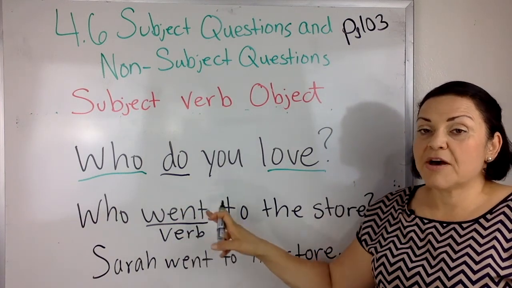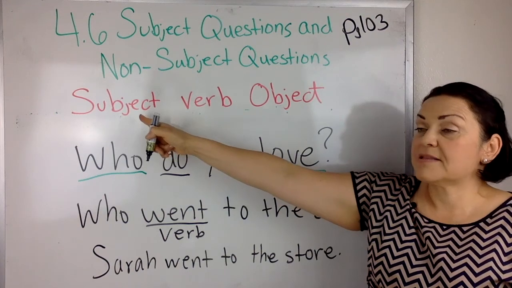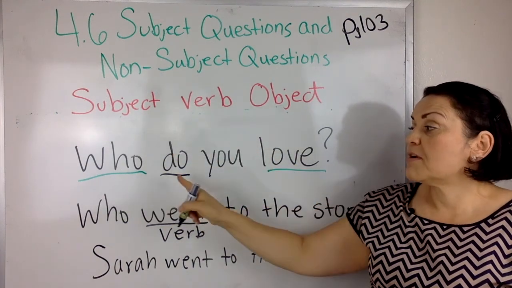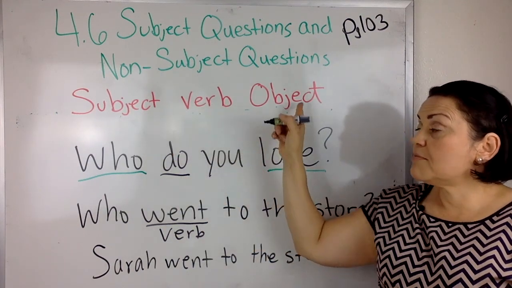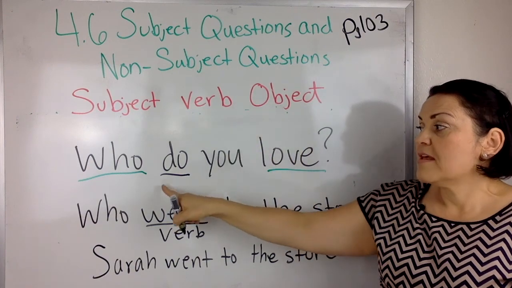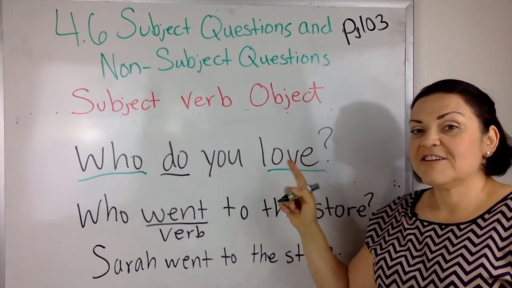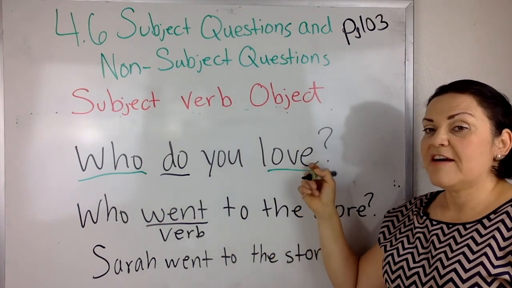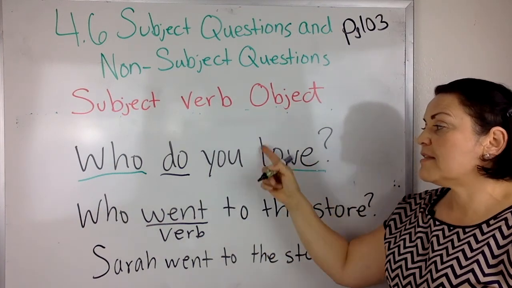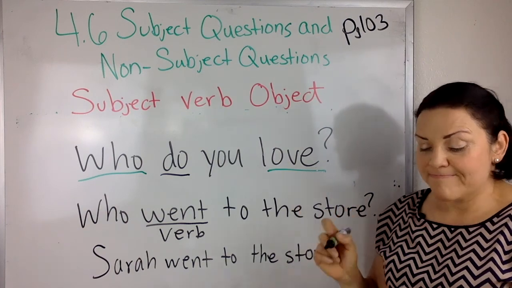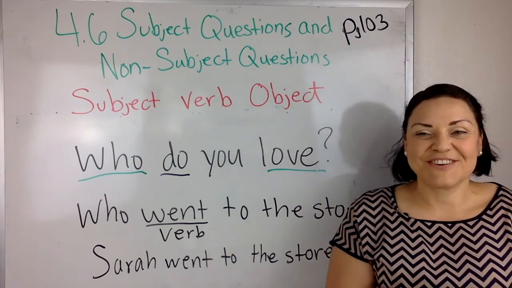They will use some other verb to talk about the subject. When they want to talk about the object, the non-subject, it will come after. They want the ending. Who do you love? So they want to know about love. Who is this person? All right, let's move on to the next one.